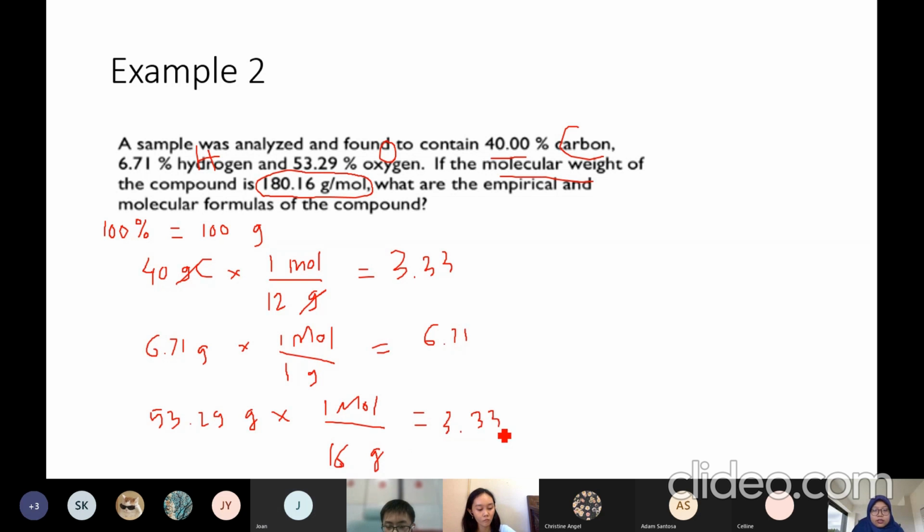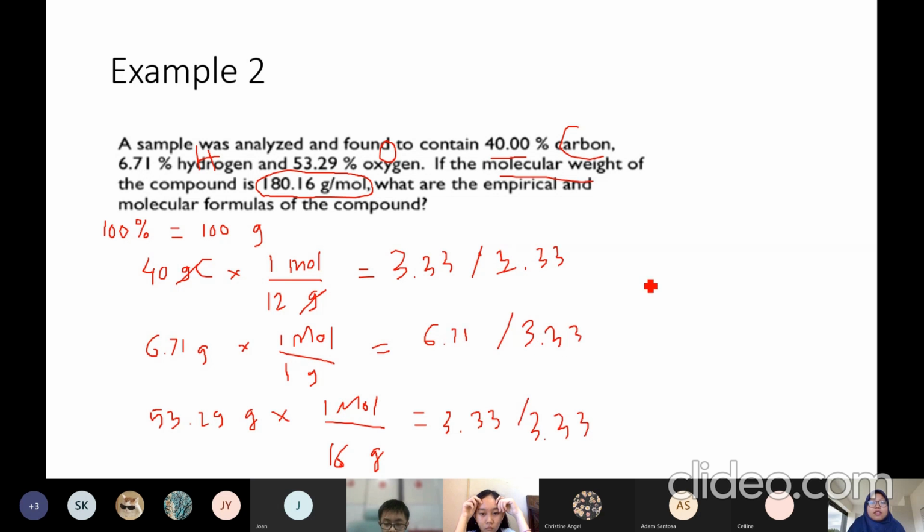So we need to make these the simplest ratio. How to do it? Divide by the smallest, 3.33. Each is divided by 3.33.